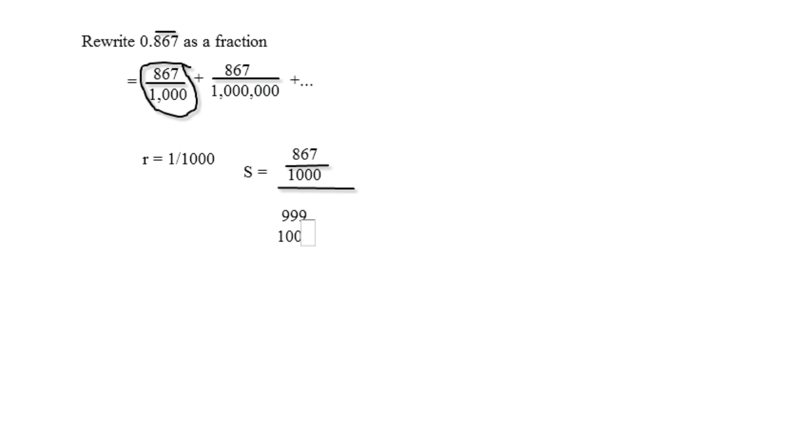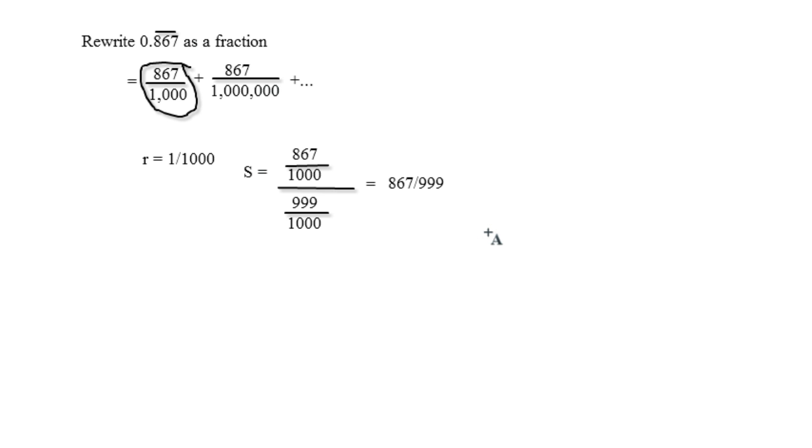Now, when I subtract those two, that's pretty easy. So I'm going to flip it and multiply, because I'm going to multiply by the reciprocal. And I should get 867 divided by 999. Okay.